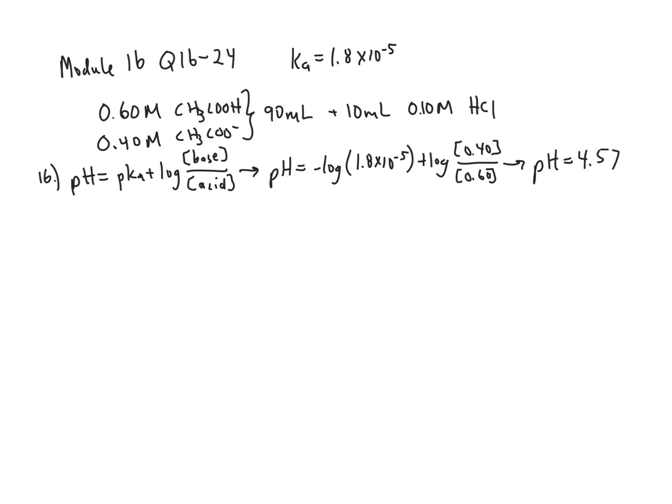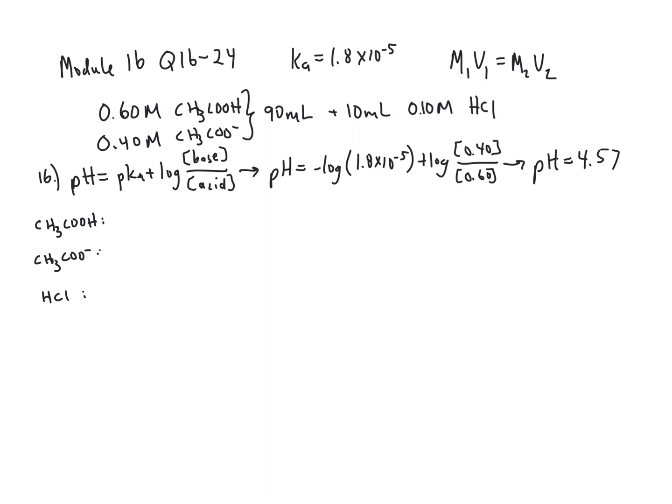And for that, we need to do some M1V1 equals M2V2 calculations. My initial molarity times my initial volume equals my new molarity at my new volume. And we're asked to do this for all species in the reaction: acetic acid, sodium acetate, and HCl.